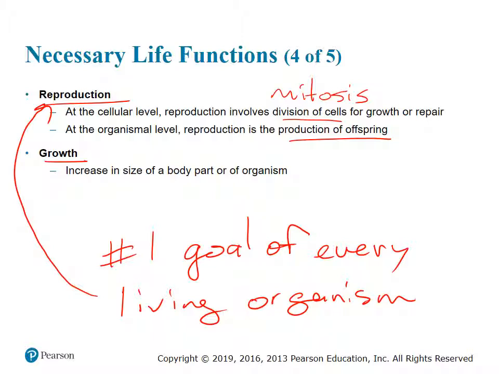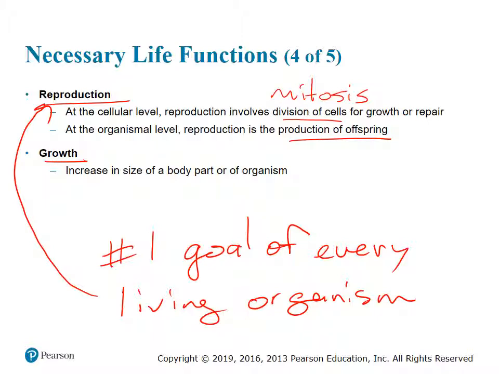Okay, growth, right? Growth actually means an increase in size of a body part or a tissue or a cell of an organism. That's what growth means.